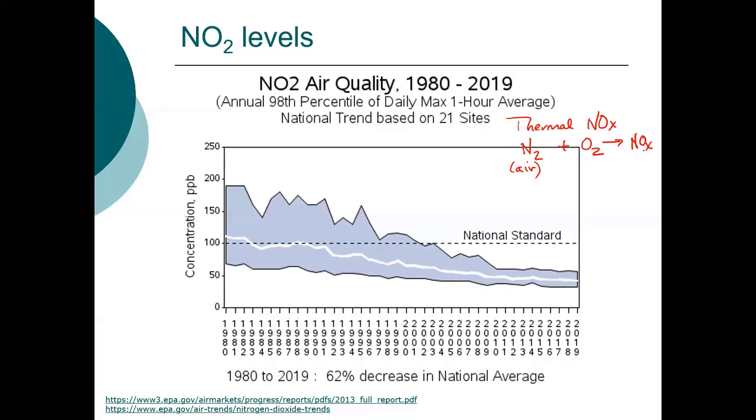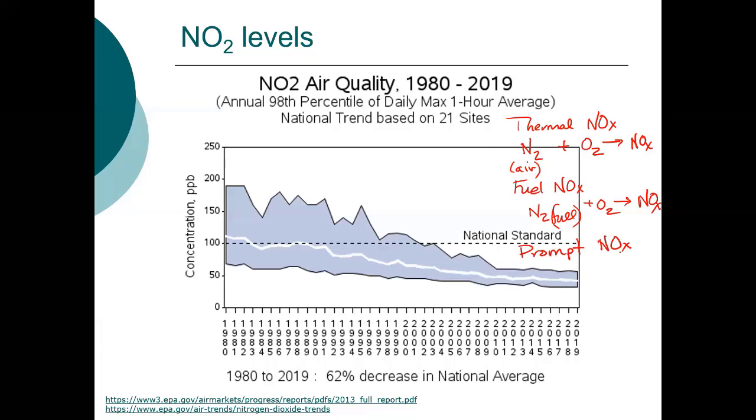We can also produce fuel NOx, which is the oxidation of nitrogen in the fuel. So any nitrogen in the fuel gets oxidized to form NOx. And then we have what is referred to as prompt NOx.